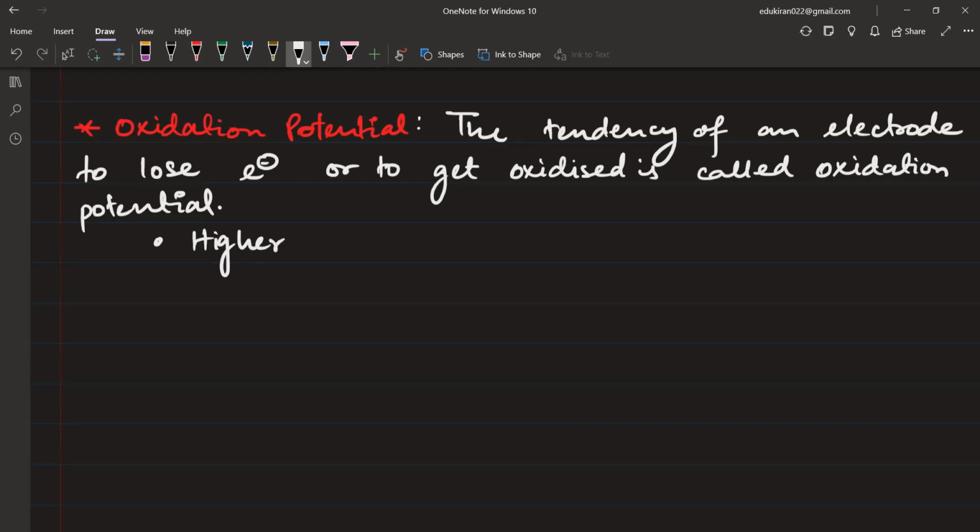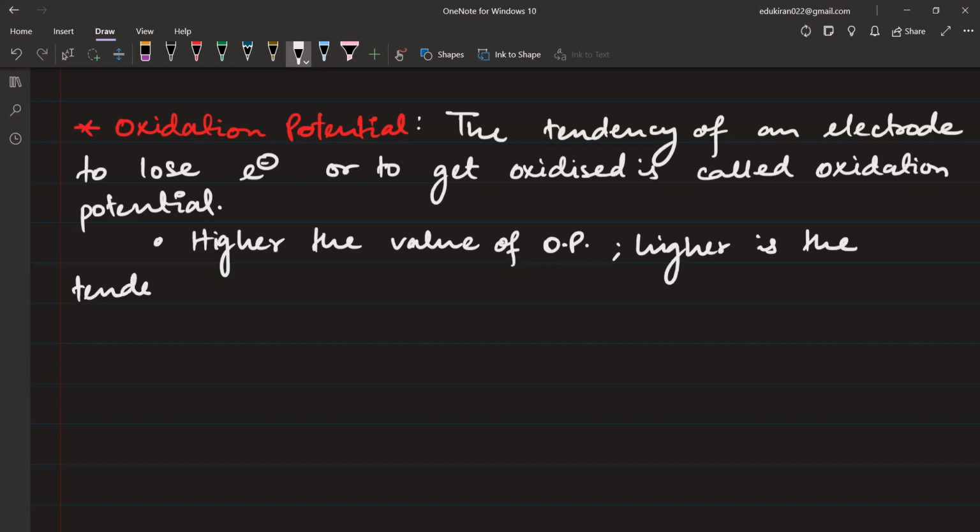Higher the value of oxidation potential, higher is the tendency to lose electron.